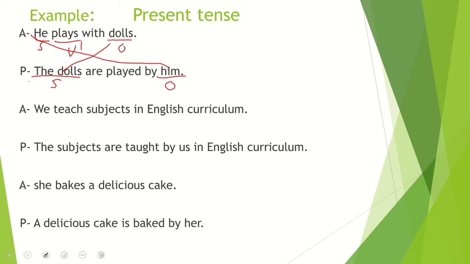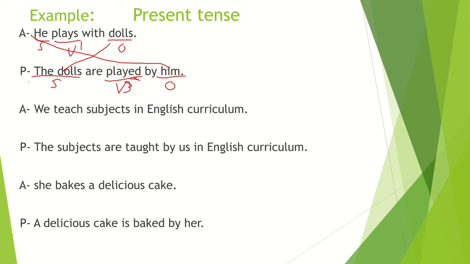The verb we should always change into past participle. That is play, played. It is a regular verb, that's why it is "ed" over here. And this is verb 3.